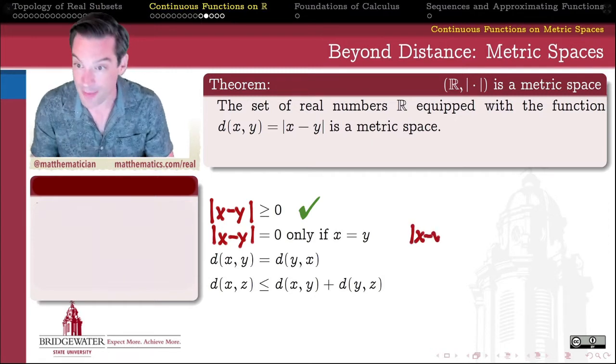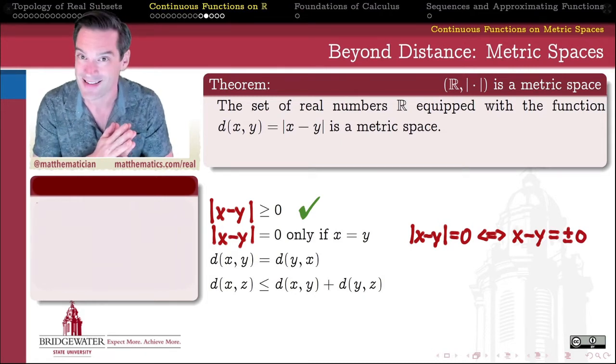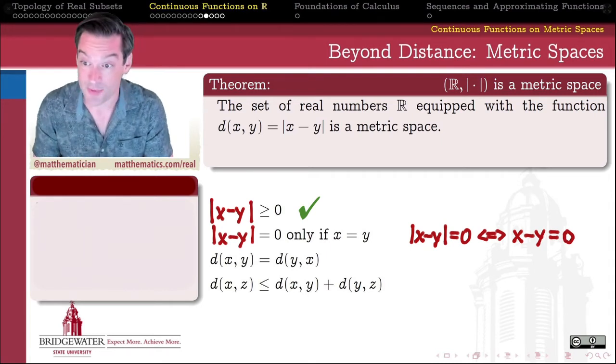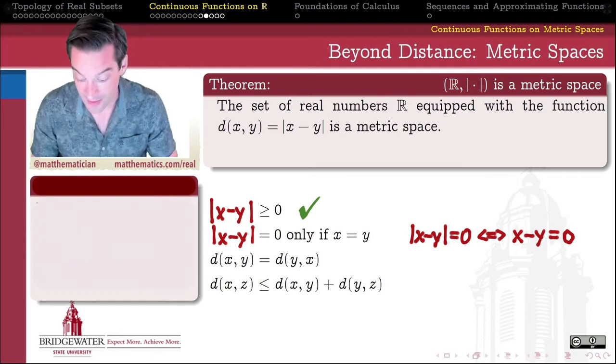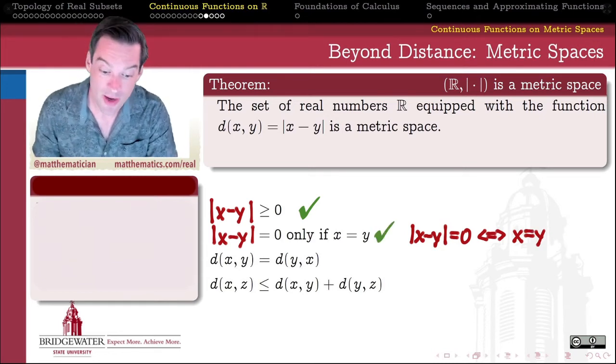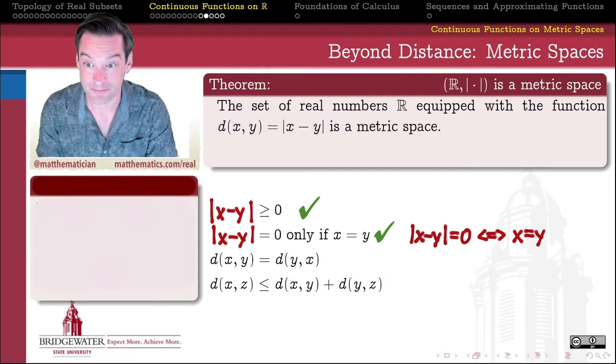Well, if the absolute value of x minus y is equal to 0, that means that x minus y is either 0 or it's the opposite of 0. Except that 0 and the opposite of 0 are both the same thing. They're 0. And so that means that x minus y must be equal to 0, and hence that x must be equal to y. So we have non-degeneracy. The only way that the absolute value of the difference of two real numbers can be 0 is if those two real numbers were the same to begin with.